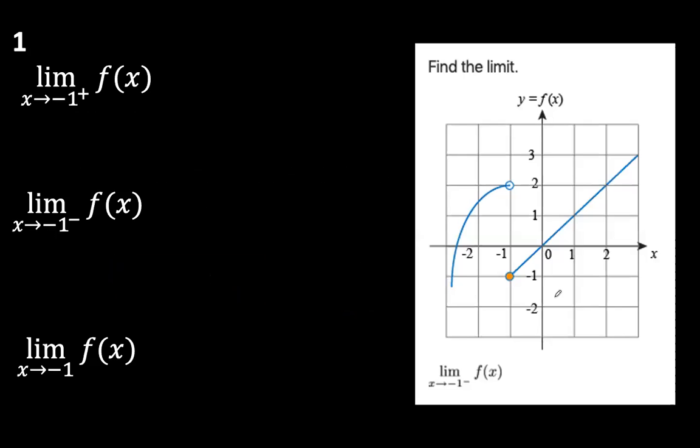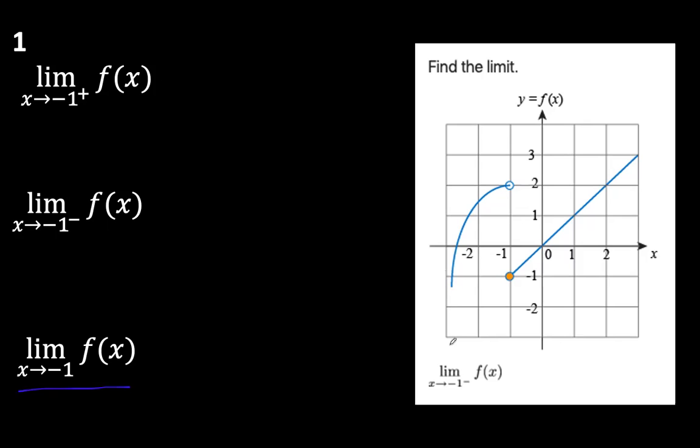Okay, so let's apply the theorem. In example number 1, we need to find the limit of this function as x approaches negative 1. But before we do that, we need to first identify the one-sided limits from the right and from the left.